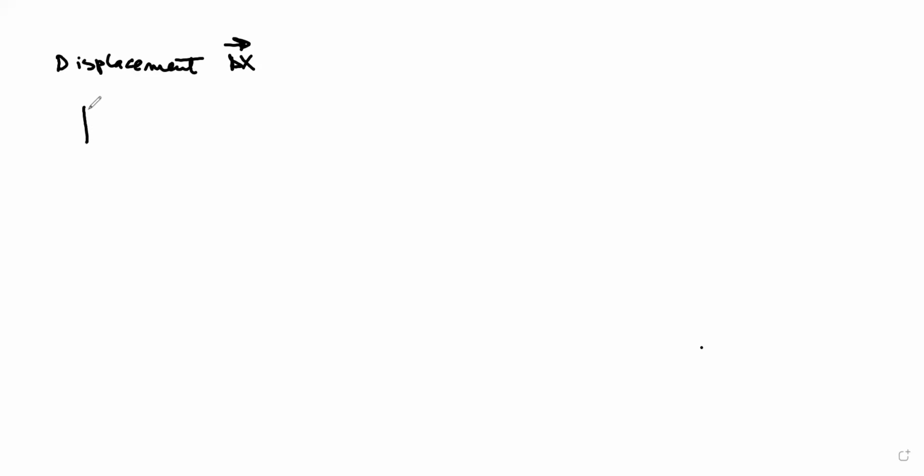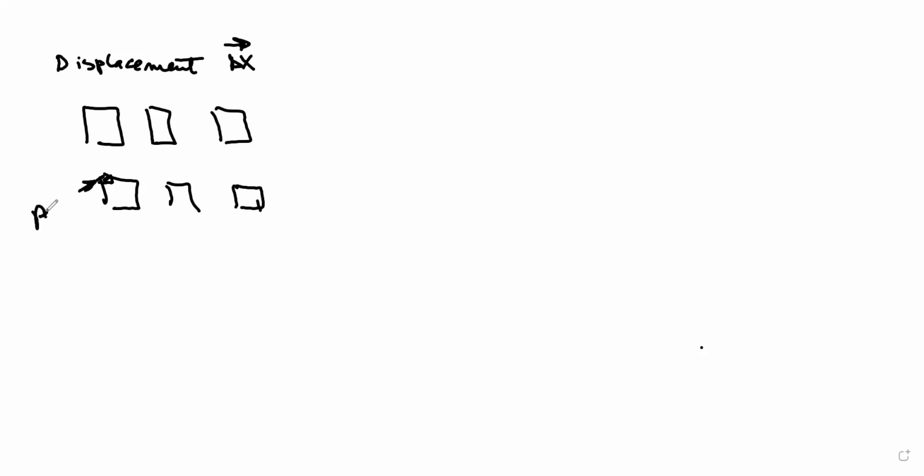Let's say you have here your neighborhood, and these are the blocks. Okay, this is your neighborhood. And let's say you want to go from the post office right here. This is the post office.